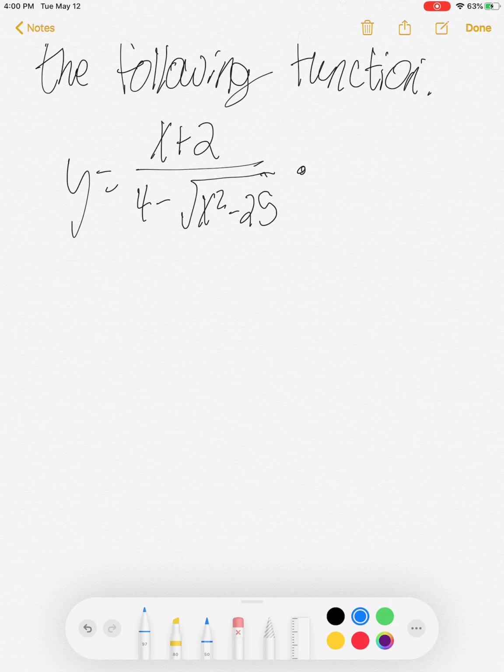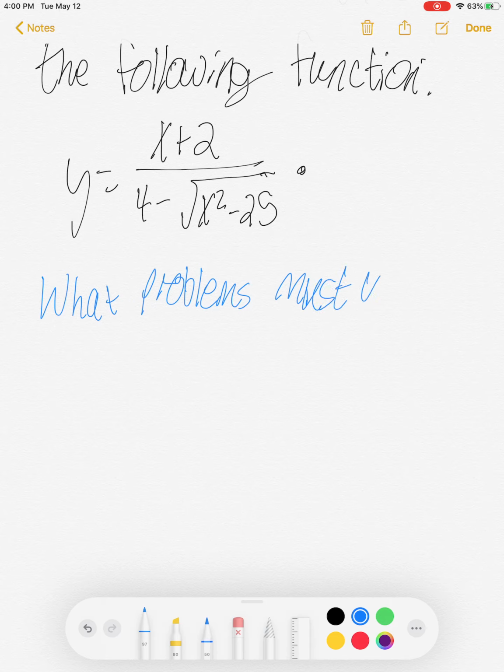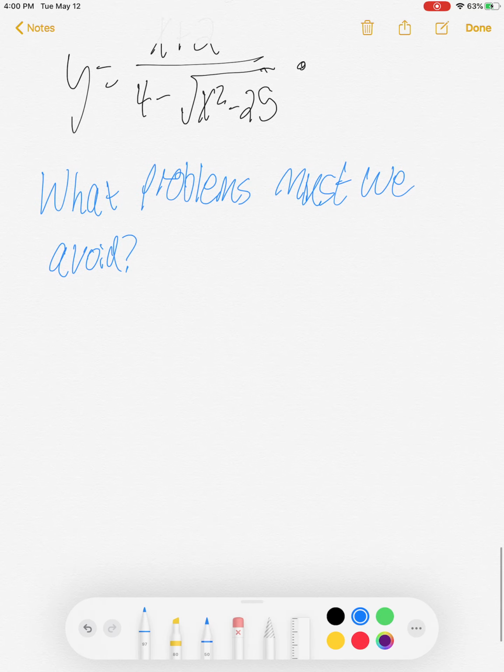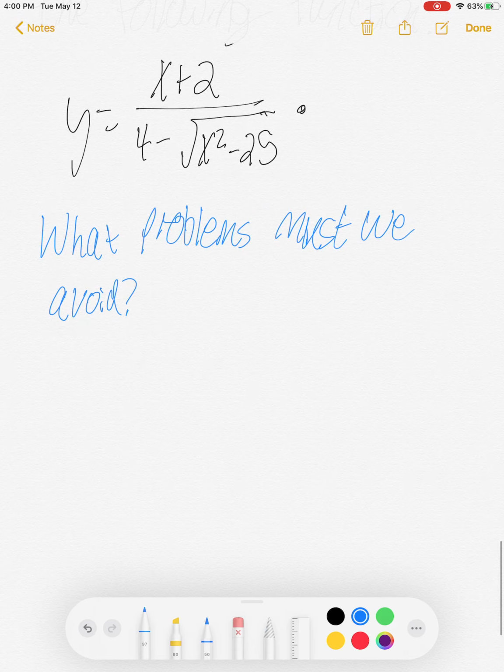So the question that we need to ask is, what problems might we run into? And I see two of them here. What problems must we avoid? And there are two problems here, which are very common problems that you need to look out for whenever finding the domain of a function.